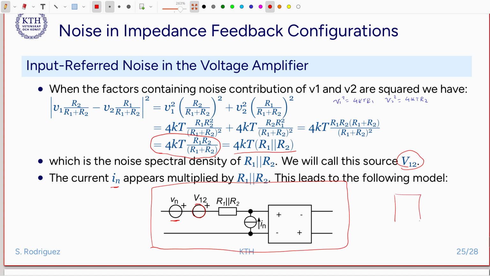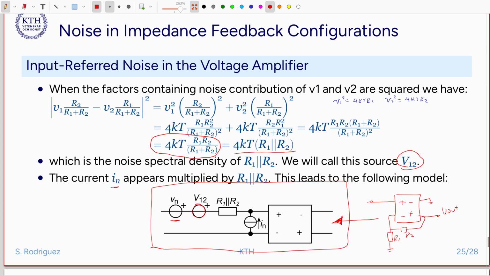So every time that we have something like this, R1, R2, then we can use the following noise model for this one, which is very handy.